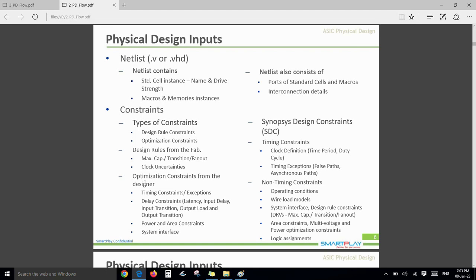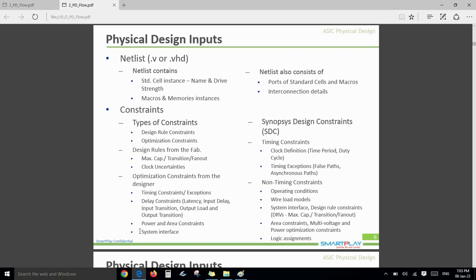We specify this is a multi-cycle path so my tool doesn't optimize that path. If it is a false path, there would be unnecessary optimization happening there, and I don't want to do unnecessary things. Design delay constraints, latency, input delay, input transitions, those things we need to mention in the .sdc file.